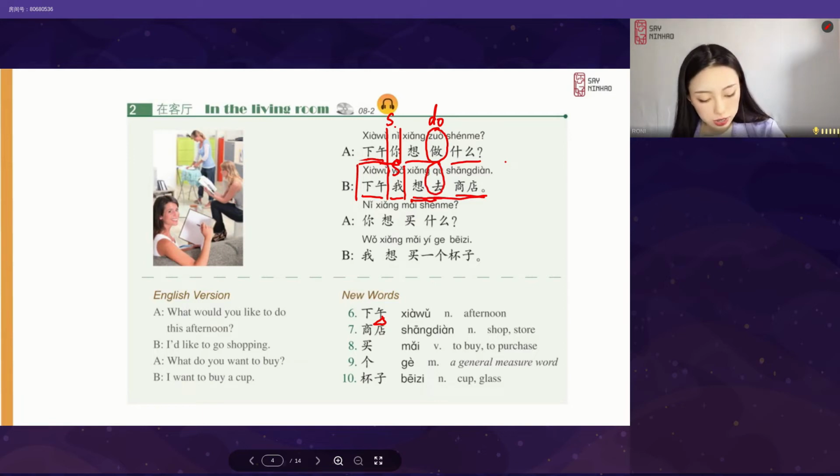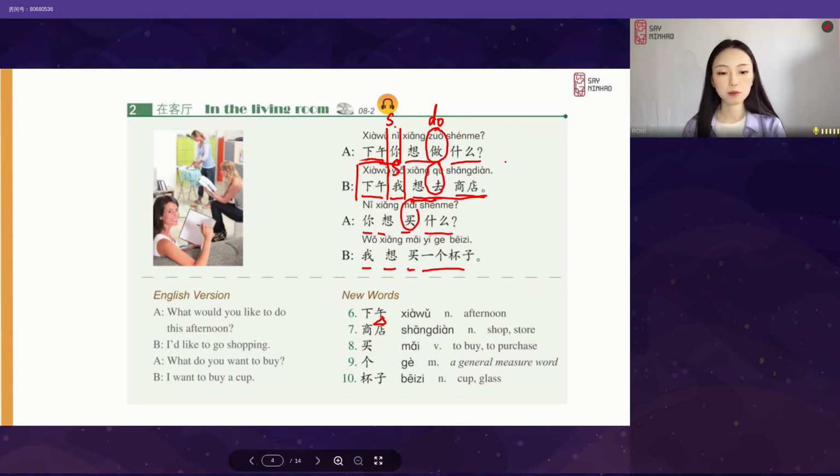We can see this 下午 is put before the subject, but sometimes it can also be put after the subject, and we will talk about it later. Next one, A said, 你想买什么？你 you want to 买, which means buy. What do you want to buy? And B said, 我想买一个杯子. I want to buy a cup.